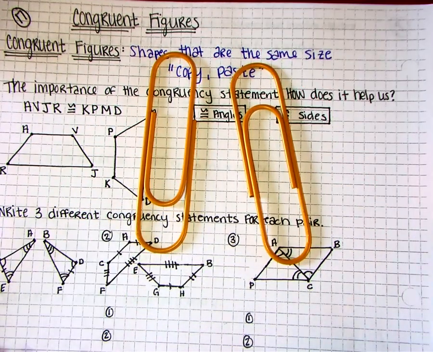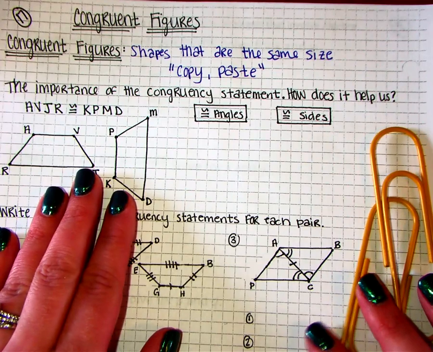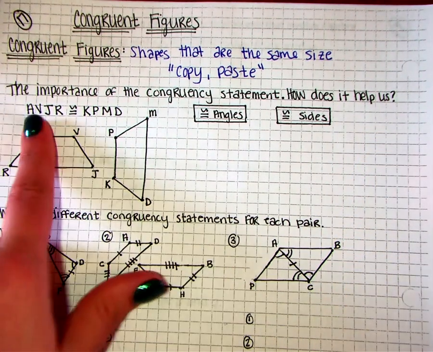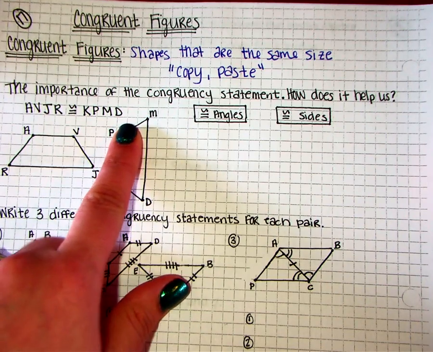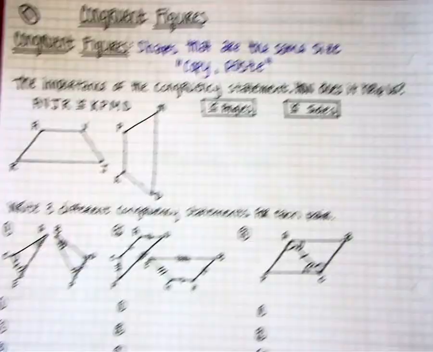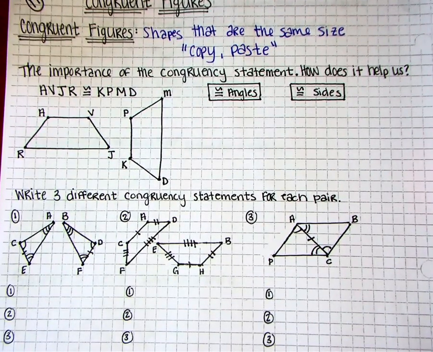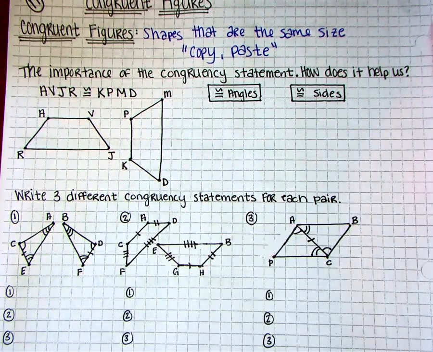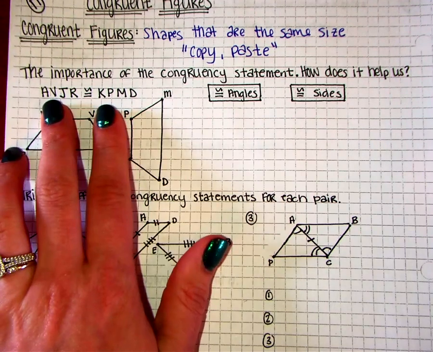But whenever you have other shapes, like this shape, a trapezoid, it's a little bit harder to do. So the congruency statement is your guideline to match what's equal. So let's go ahead and start. We're going to talk about how important congruency statements are and how they help us match congruent sides and congruent angles. All you have to do is match based on the location of the letters.